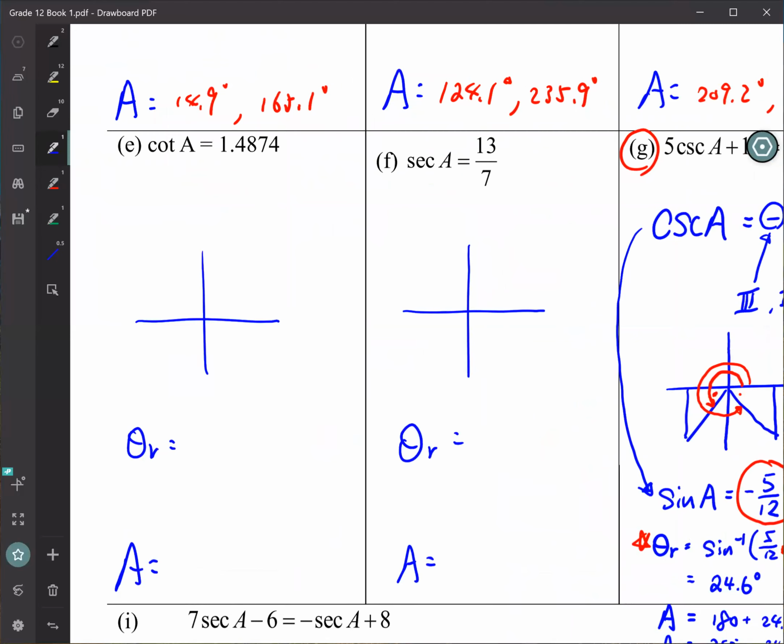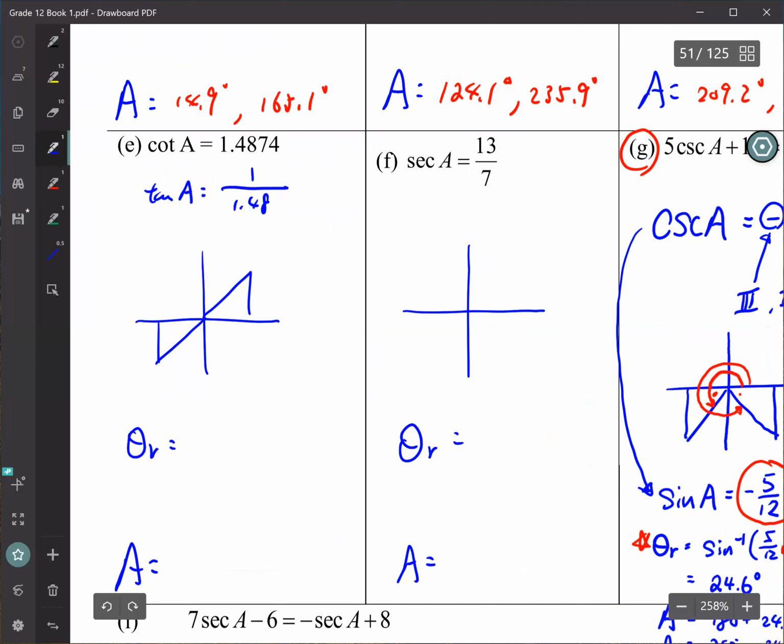You draw the triangle. Which quadrants? Quadrant 1 and quadrant 3. Okay, now what do we do? Now you change it to tan A equals 1 over 1.4874.